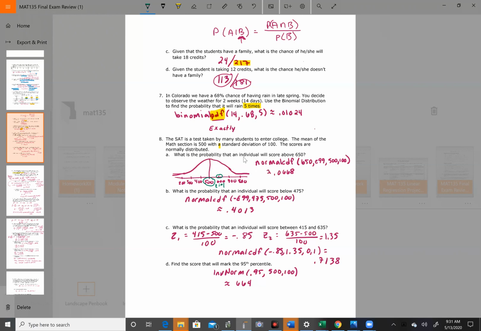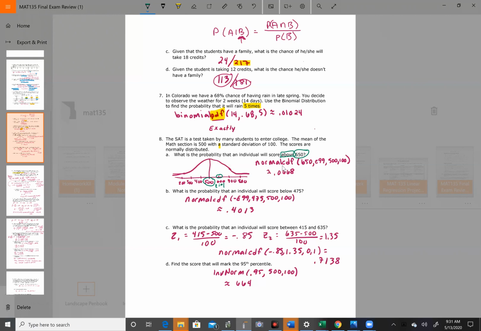What is the probability that an individual will score above 650? Since this is above, it is not an exact value. It's not the probability that an individual will score 650. It is the probability that they will score above 650.